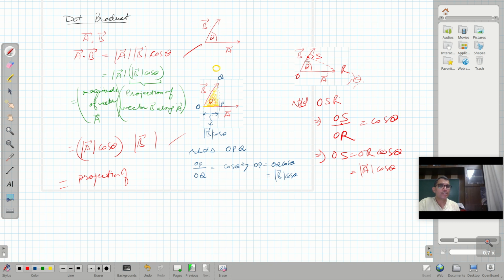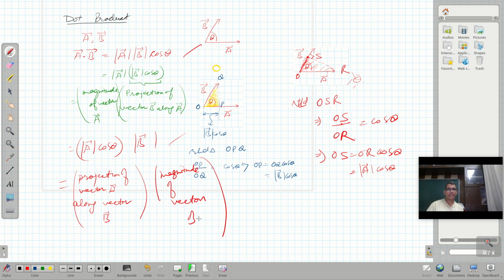This is the shadow region along vector B. This is the length of that shadow region, because if I put a source of light over the head of point R, it is the projection of vector A along vector B multiplied by the magnitude of vector B. So this is another way to look at the dot product.